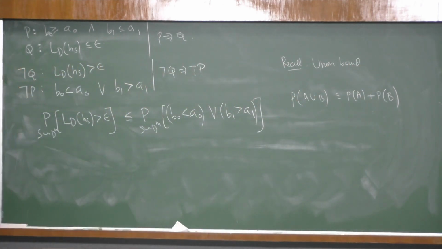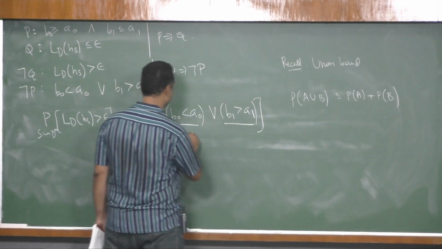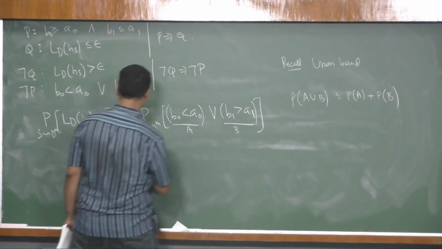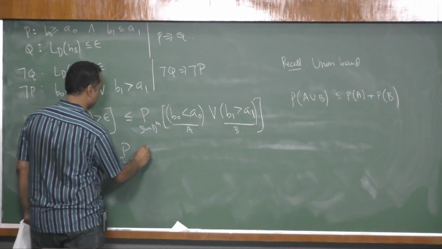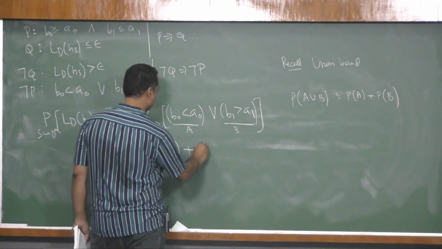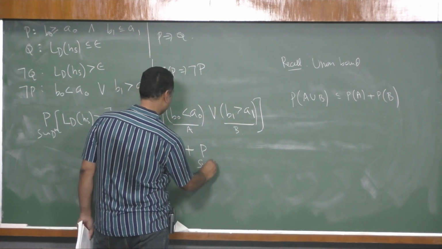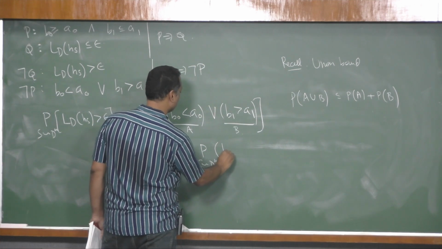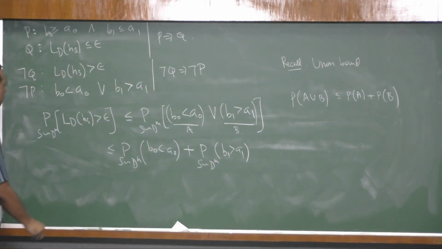So this is what we are going to do. This is the event that B naught less than A naught, and this is the event that B1 greater than A1. So this is less than or equal to the probability over S that B naught less than A naught, plus the probability over S that B1 greater than A1, by the union bound.